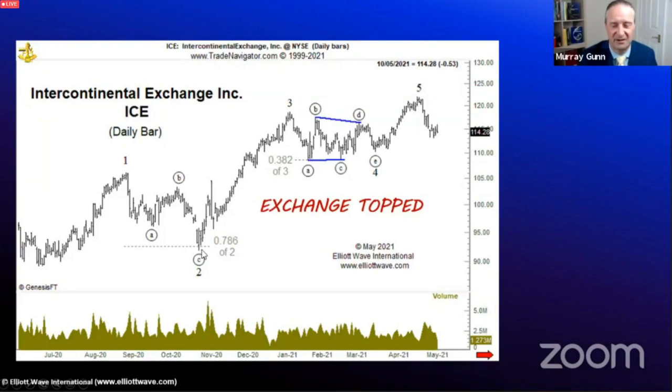Now, if you just look carefully at this chart, you can see that this is a classic second wave, which had a deep retracement, and this was a classic fourth wave, which had a shallow retracement in a triangle. But stay tuned to the end of the presentation to get the book, and you can learn more about how the waves are constructed. But the message is that the exchange has topped.